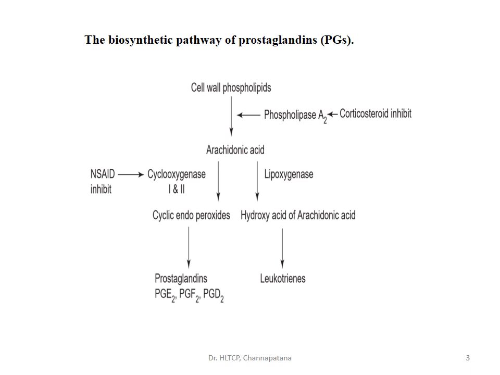So PGE2, PGF2 and PGD2 are formed from arachidonic acid, and the pathway is the cyclooxygenase pathway. The prostaglandin inflammatory mediators are formed by the cyclooxygenase pathway because the enzymes are cyclooxygenase 1 and 2, also called COX-1 and COX-2.